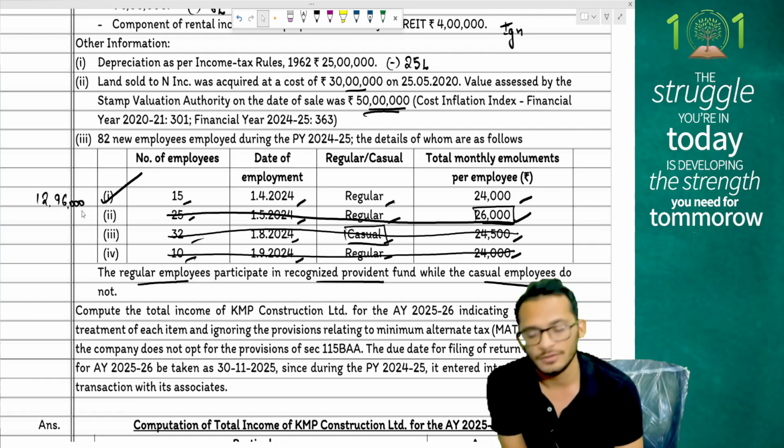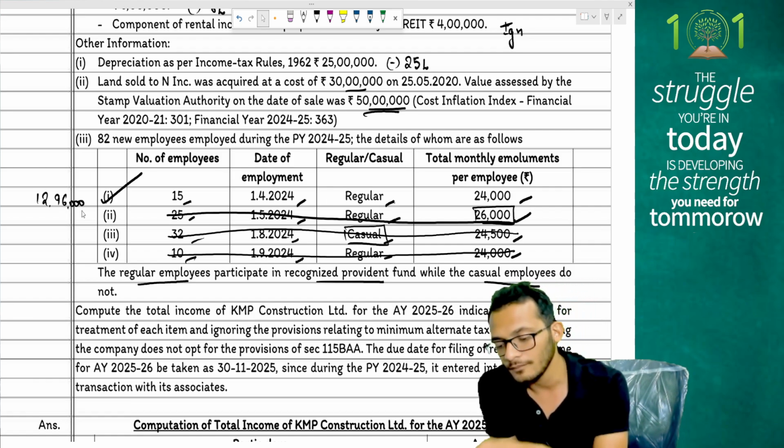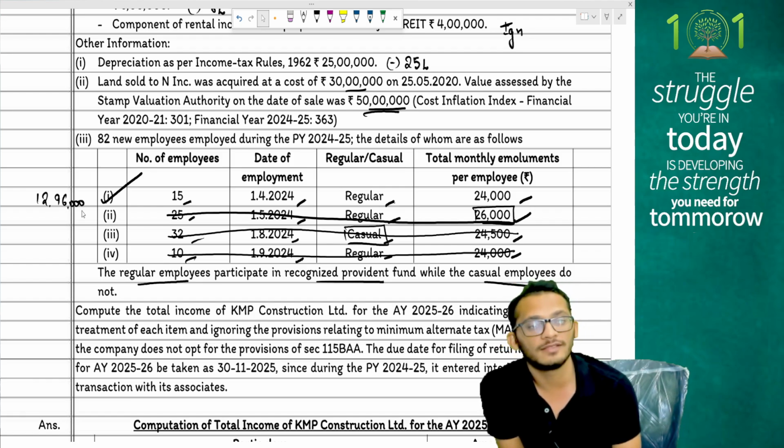Total the last column, bring me what is called as GTI. Number is 99 lakhs.